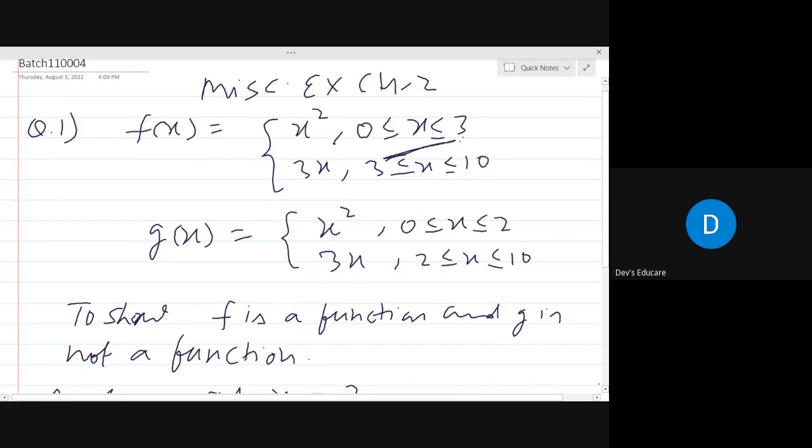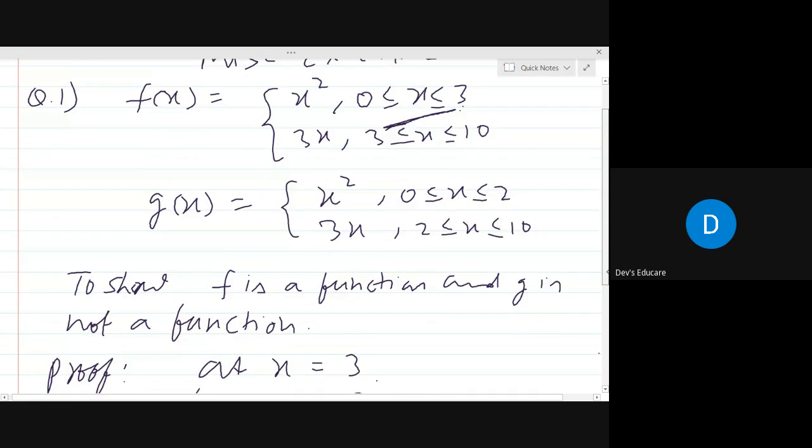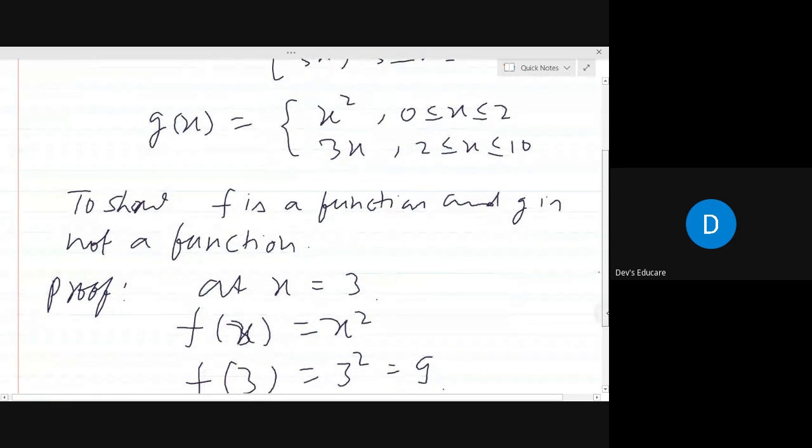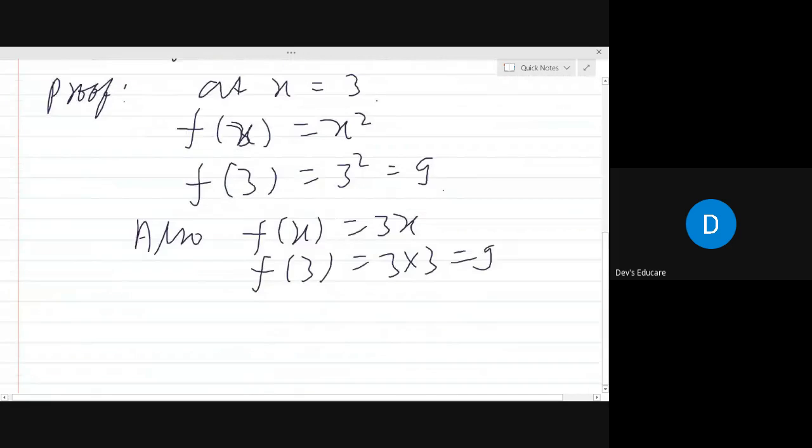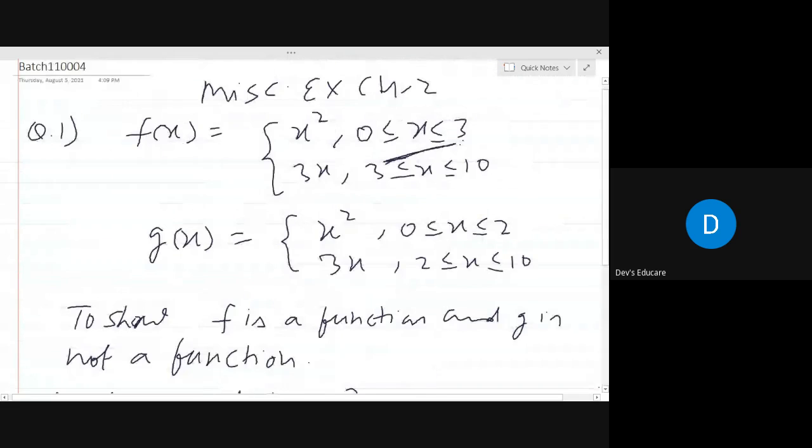That's why we are checking only at x equals 3. Is it clear, Muskan? Muskan, clear? The function value can change here at 3, that's why we are checking.